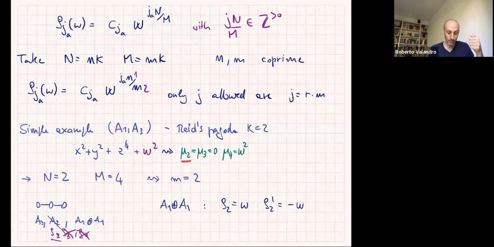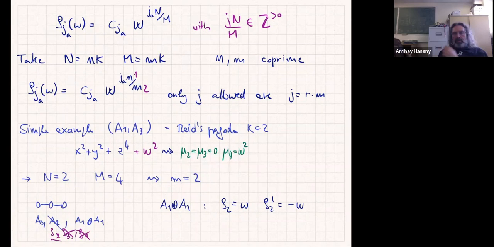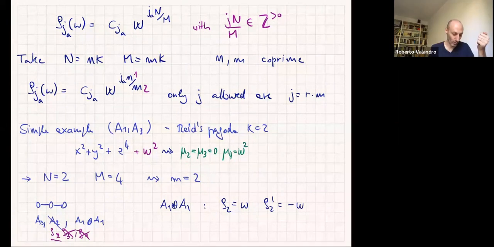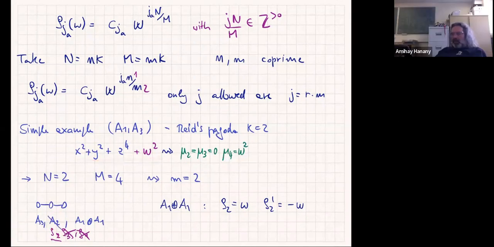But since mu2 is a degree 2 polynomial in this weighted coordinate rho 2, then requiring mu2 equal to 0 sets rho 2 to 0. And then mu4 will also be 0. So this shows that it's impossible to find a phi inside A2 plus the abelian that realizes this equation.